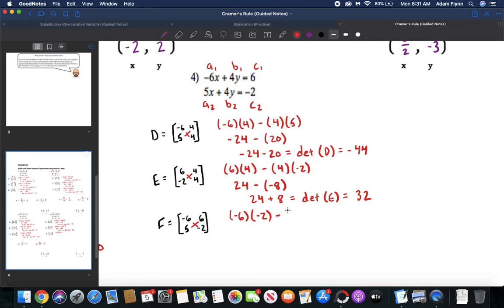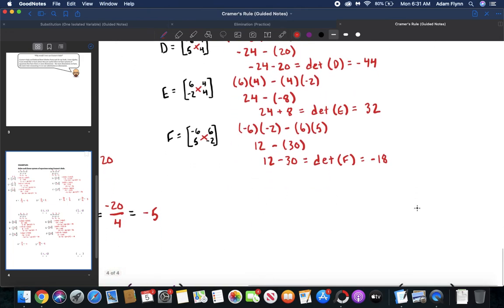Minus 6 times 5. So -6 times -2 is going to be a +12. Minus 6 times 5, which is 30. I'll rewrite it without parentheses. So I have 12 minus 30 is going to be my determinant of F. Which is going to be -18.